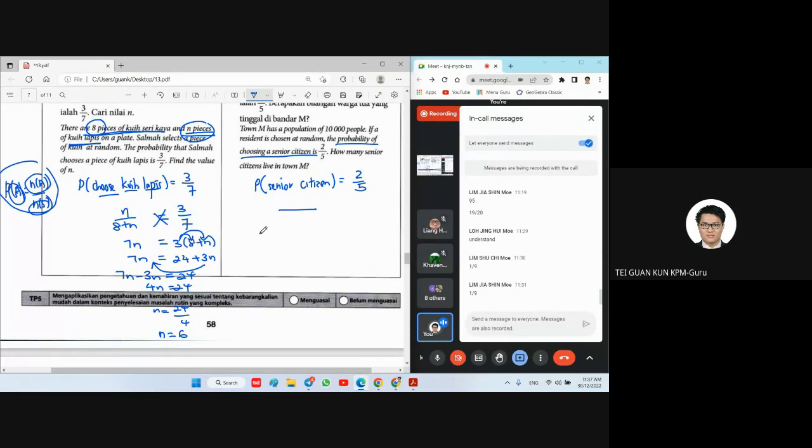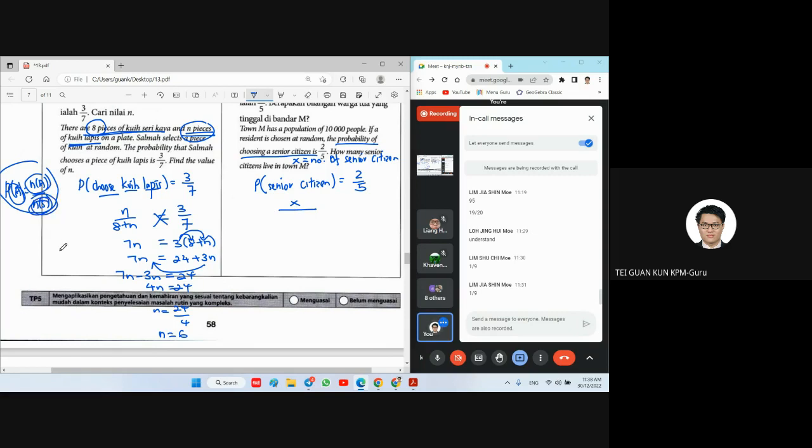So, senior citizen. Do you know the number of senior citizens? No. Okay, so let's say it is x. The number of senior citizens is x. So I write here x is the number of senior citizens over the sample space.